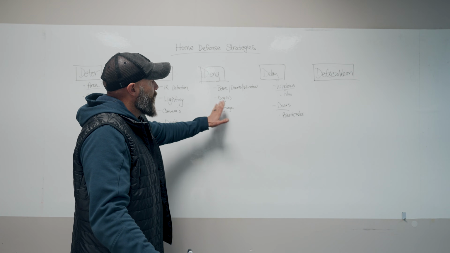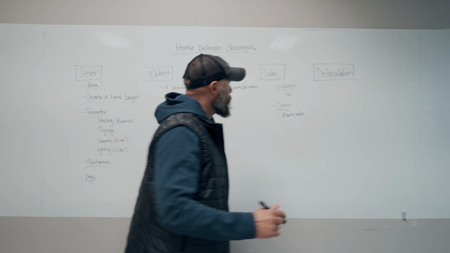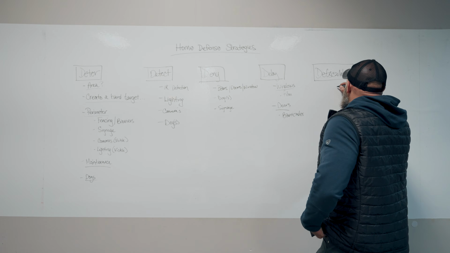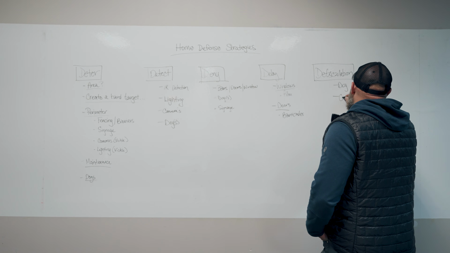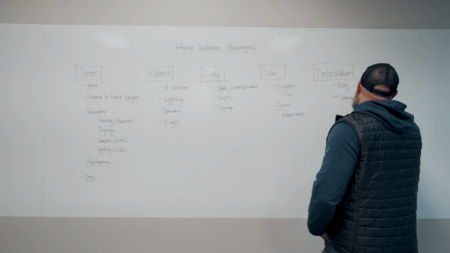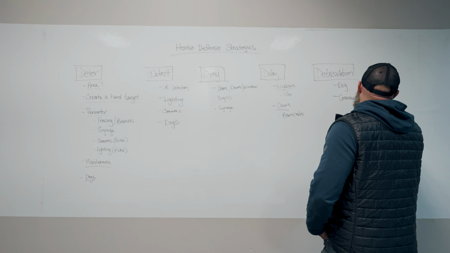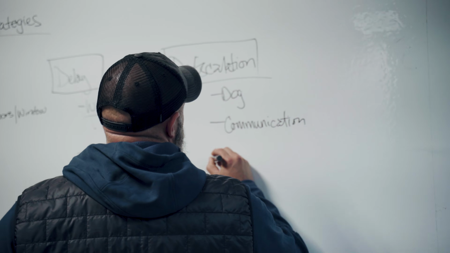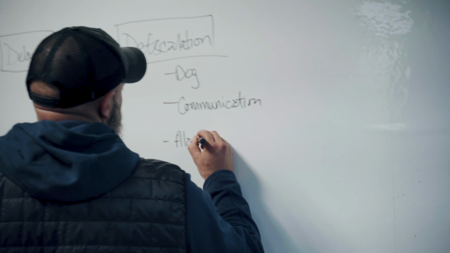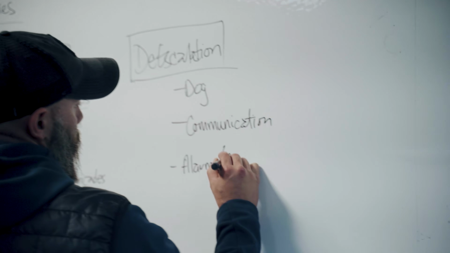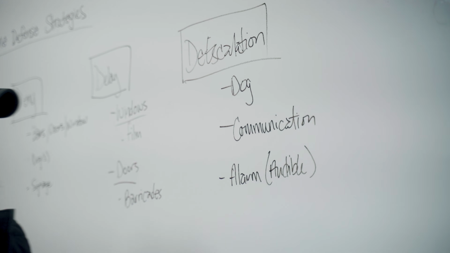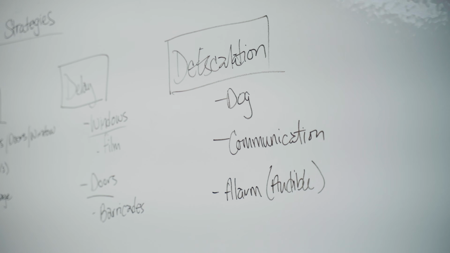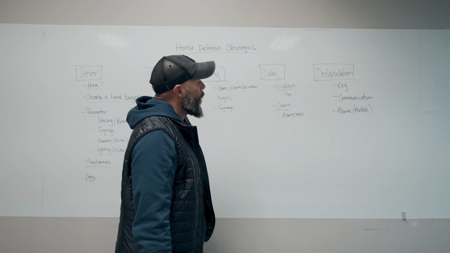Dogs, not necessarily just on the outside, but on the inside of the home, right? So a dog, and then communication, right? An alarm that's audible. All these things act as forms of de-escalation for, again, the individual that's not intent on getting in no matter what.